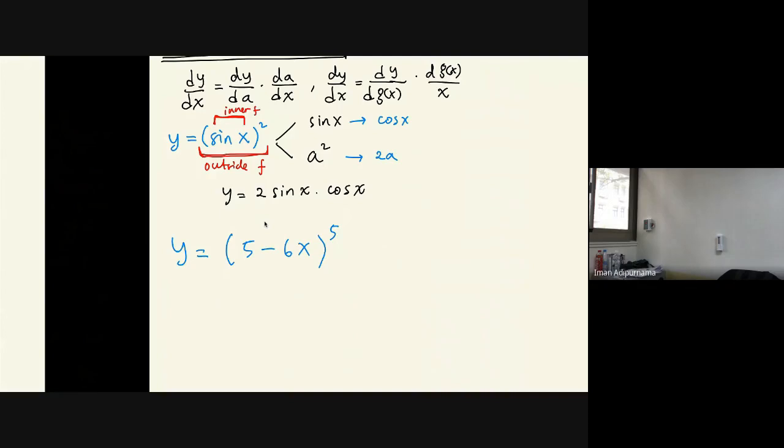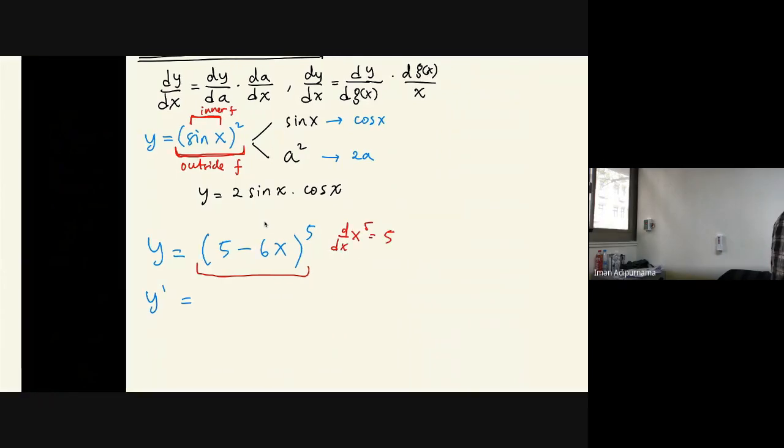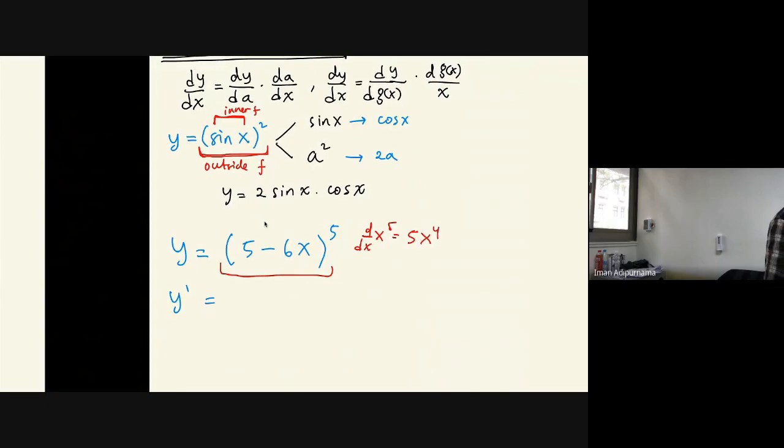So the first function is this inside function, and the second part is the outside. Because this is the outside function, you can view it as when you derive x to the 5, you have 5x to the 4. So it's the same thing: 5 times (5 minus 6x) to the 4.